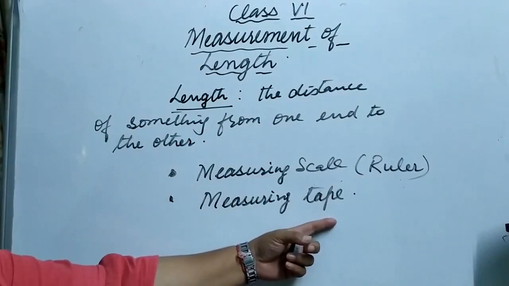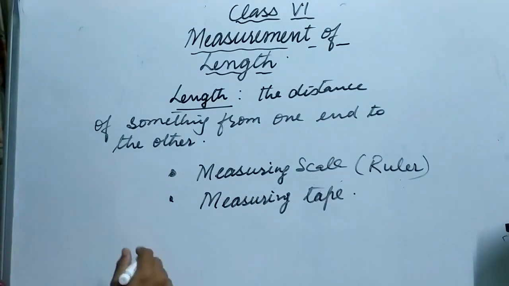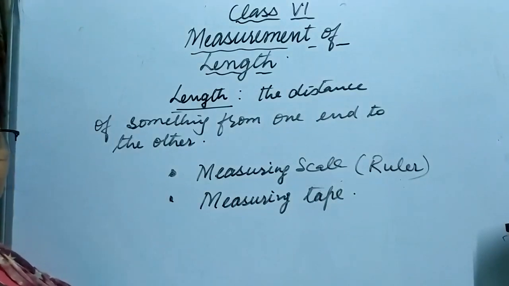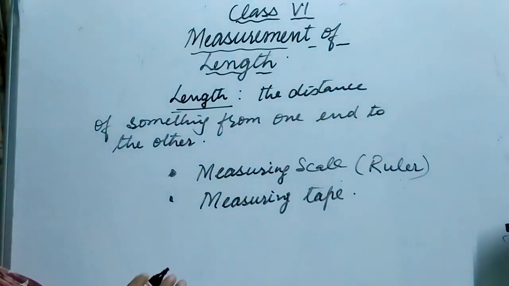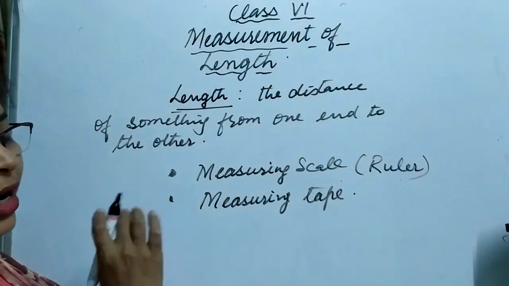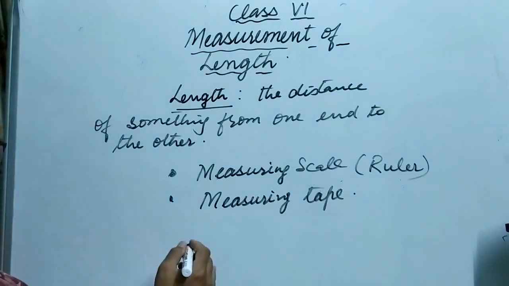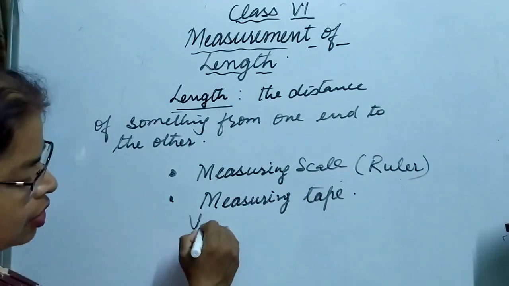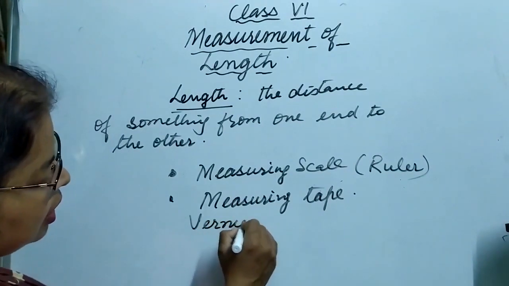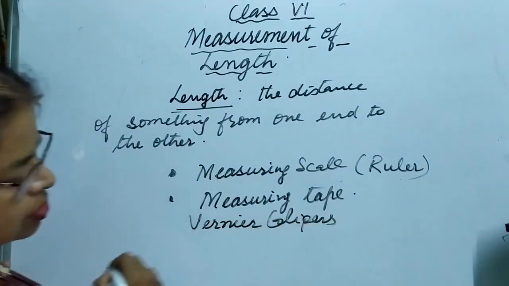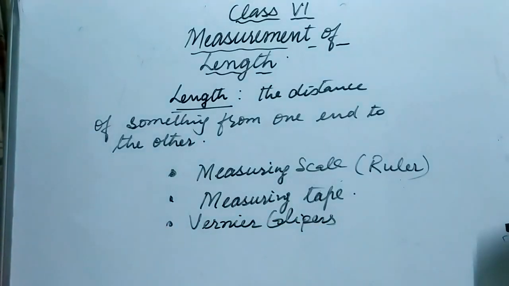Besides this, if we have to measure the length in very small quantities, so small dimensions, then to be accurate and precise, we can use some more devices and we call them vernier calipers, for more preciseness.